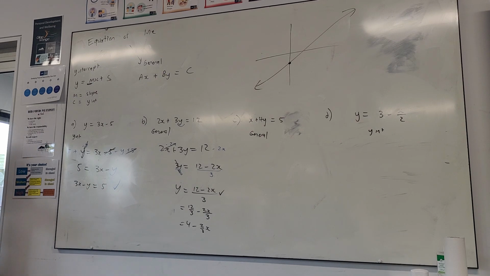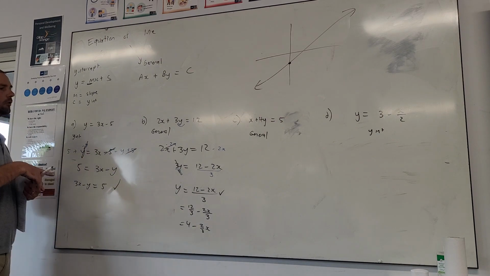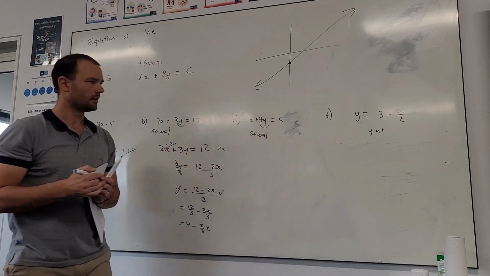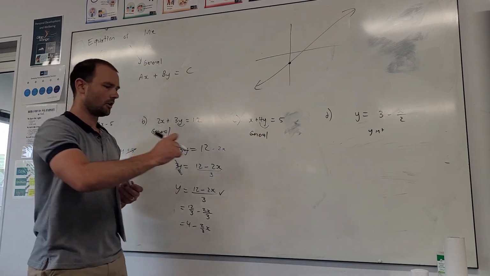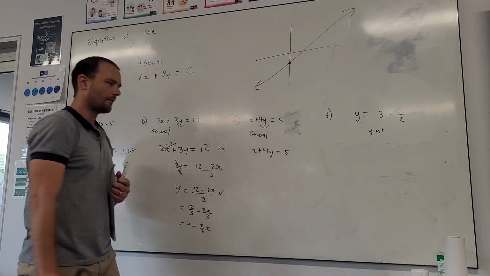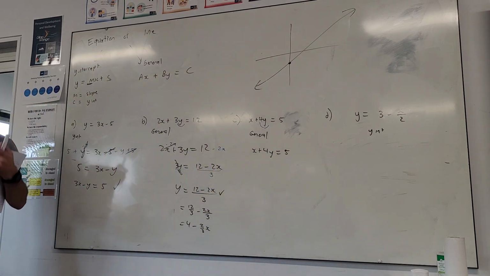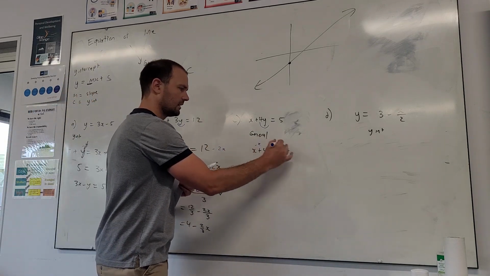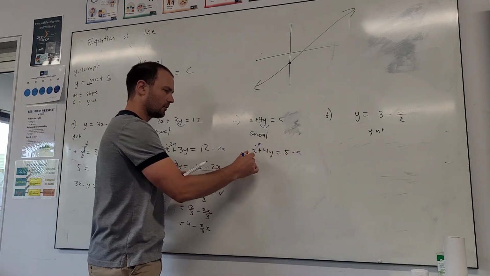Our next one's in general form as well. So for us to go to y-intercept form, we need to get y by itself. We're looking to isolate this component. So I'll write it out and we'll get into it. X plus 4y is 5. Our first thing is to take away x from both sides. If we take x and take x, that'll cancel.